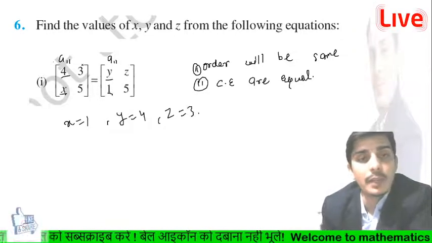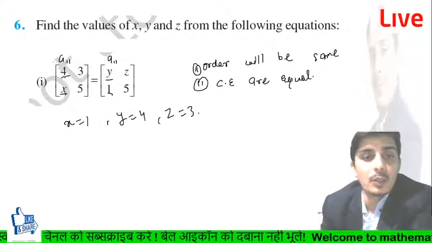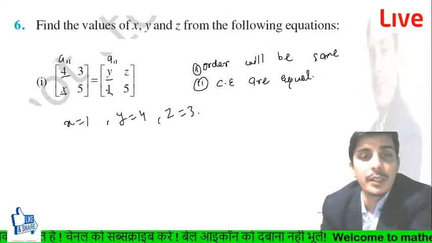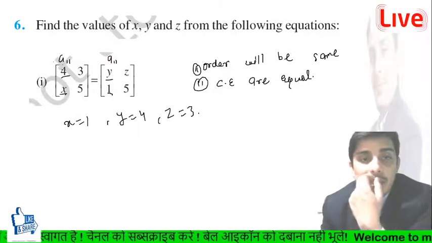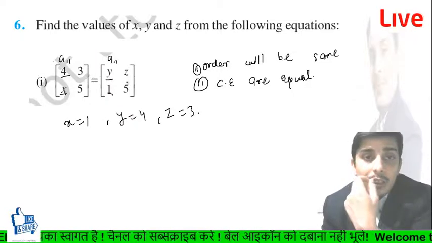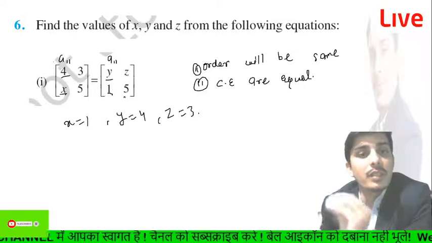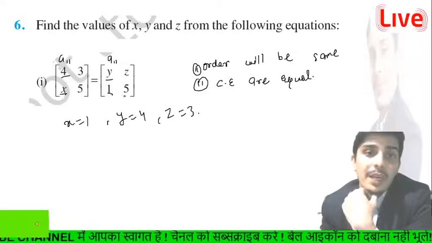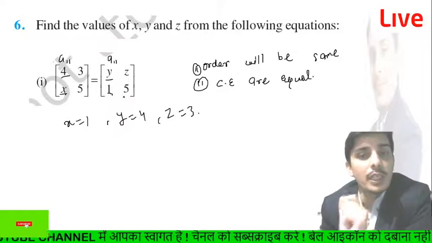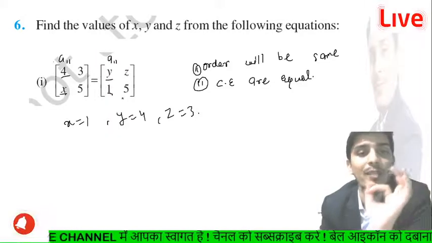Corresponding elements are equal. Corresponding means you can't take this element equal to this element, this element equal to this element. Why? Because the place value is different for both matrices, but we have to take the same place value, right?